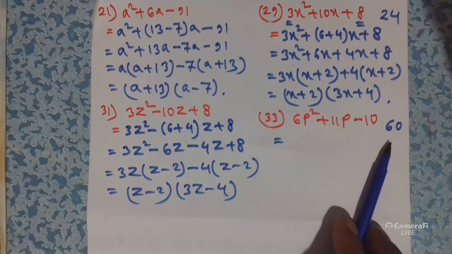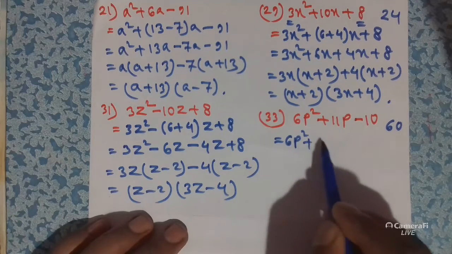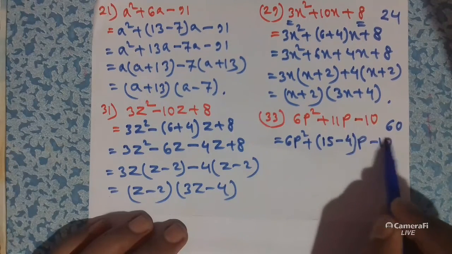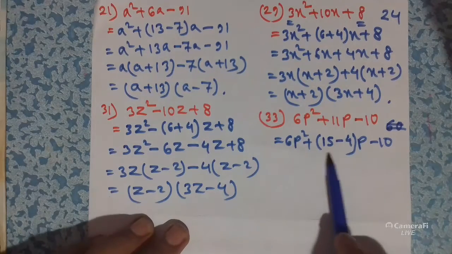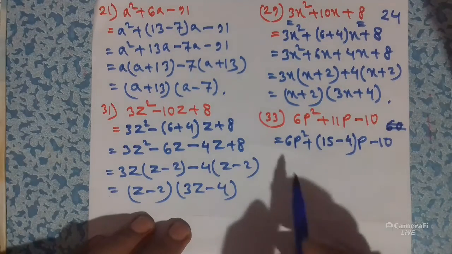So 15 into 4, we can take 15 into 4. So 6p square plus (15 minus 4) into p minus 10. So here 15 minus 4 is 11 and 15 multiply 4 is 60.